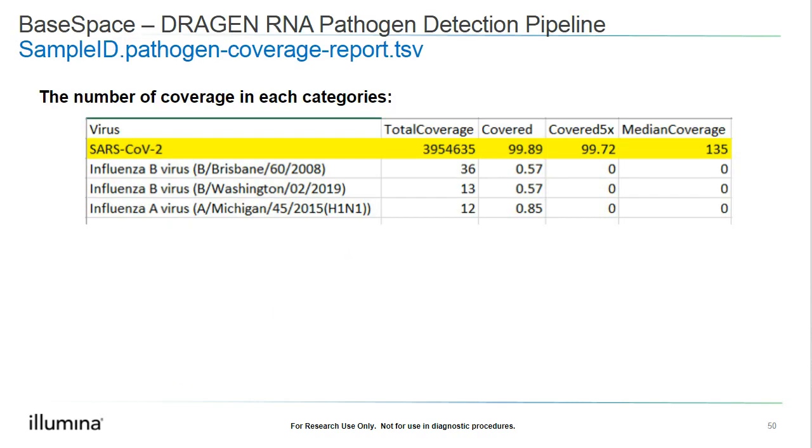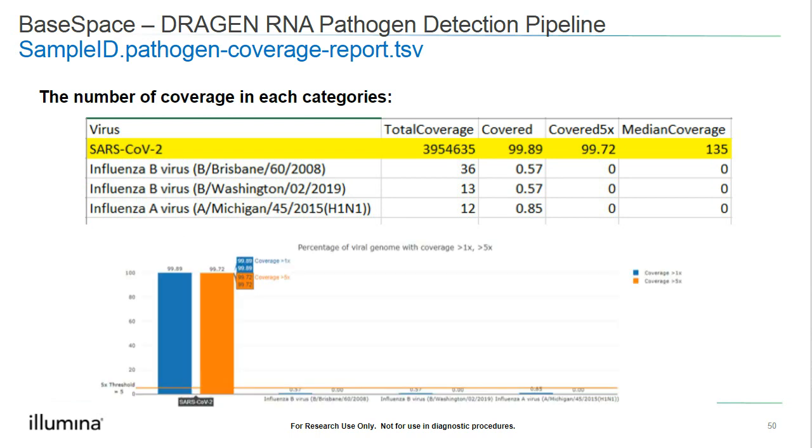The pathogen coverage report shows the number of coverage in each category. It includes the total coverage with 1x and 5x coverage for each virus listed here. This is actually the data that was generated in the summary report when you see the percentage of the viral genomes with coverage 1x and 5x. And this coverage is actually the coverage per base, but not per read.